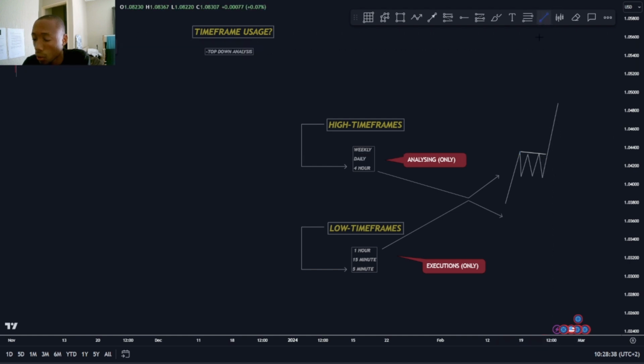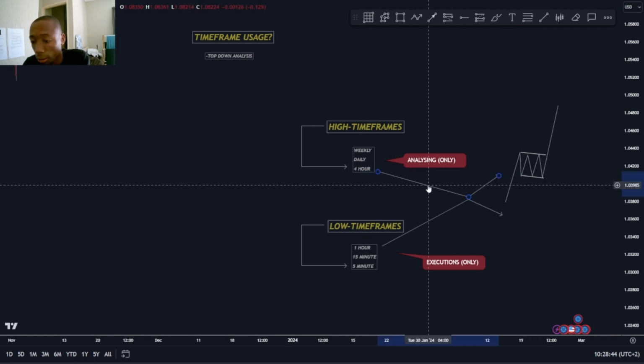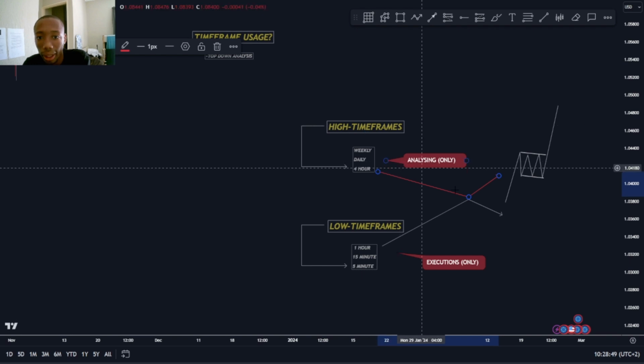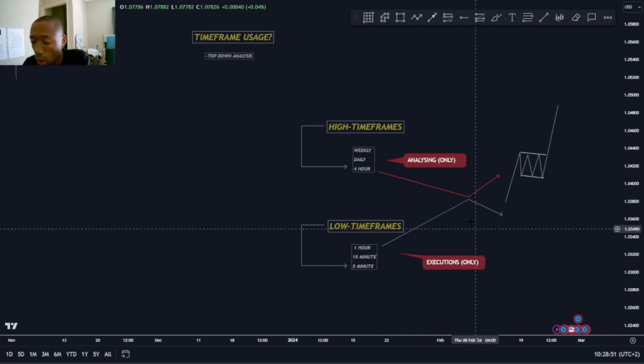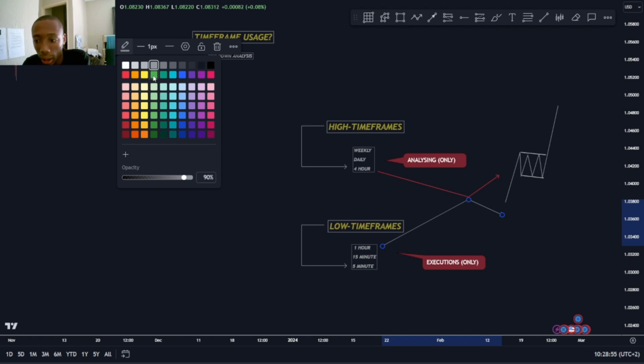Like this. So this pattern, if it happened on the 4 hour, I would not take it. But if it happened on the 1 hour, I would be more than glad to take it, right?